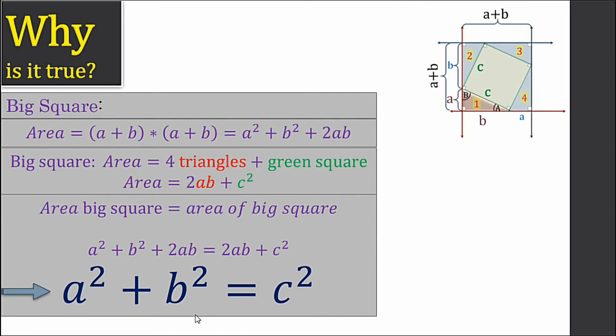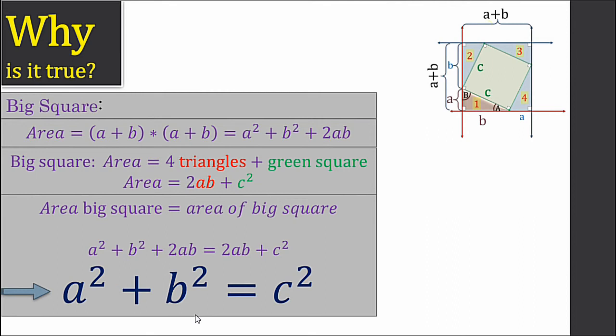We have 2 formulas for the area of the big square. Using one of the ways, we see that the big square has an area of A squared plus B squared plus 2AB. Using the other way, we see the area is 2AB plus C squared.